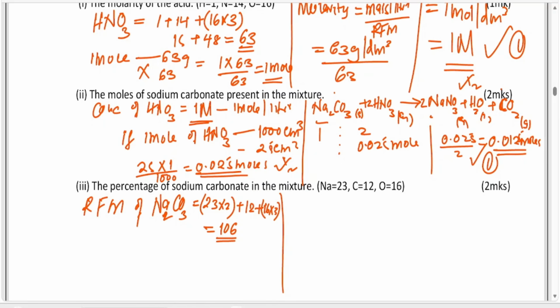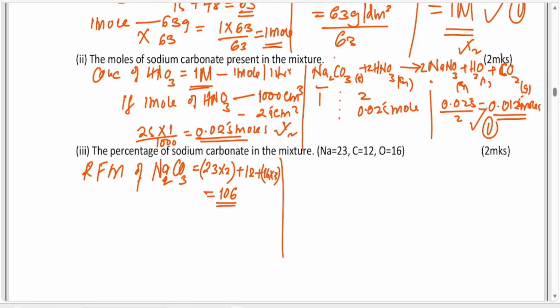Then I already have the moles of the sodium carbonate that were used. So with the moles, I can determine the mass of the sodium carbonate that reacted with the acid. So in this case, the moles of sodium carbonate used is 0.0125 moles.